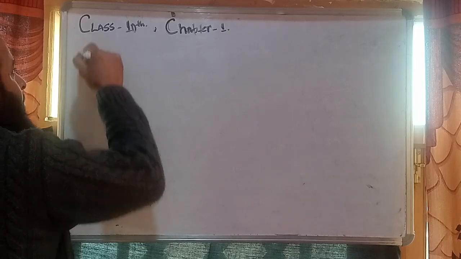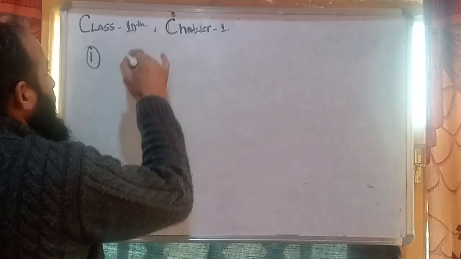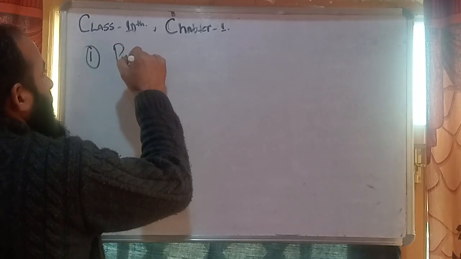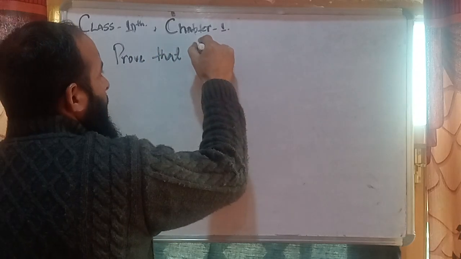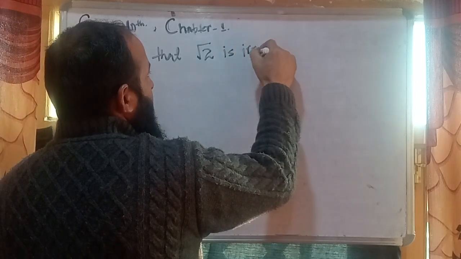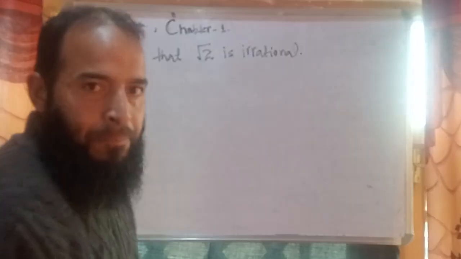Our first example is: show or prove that under root 2 is irrational.